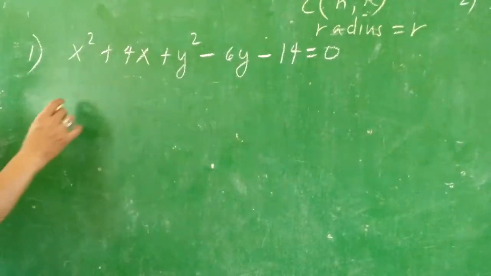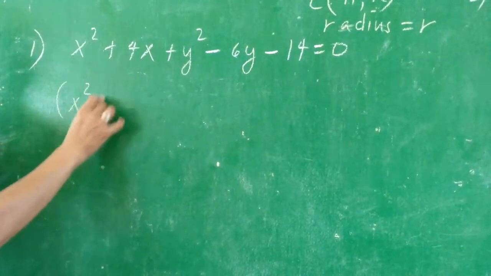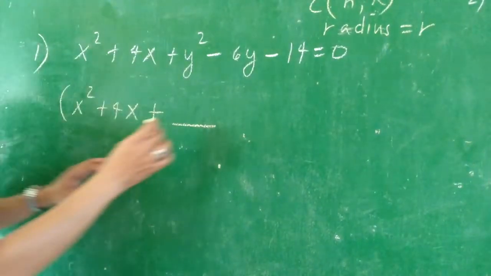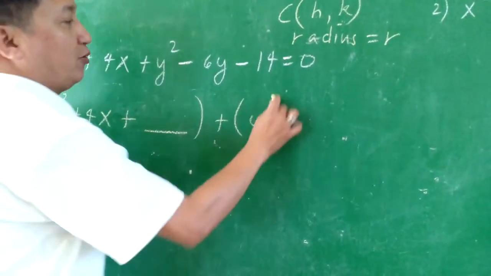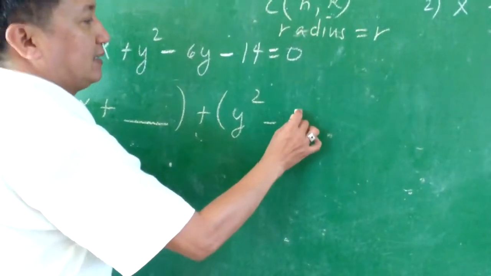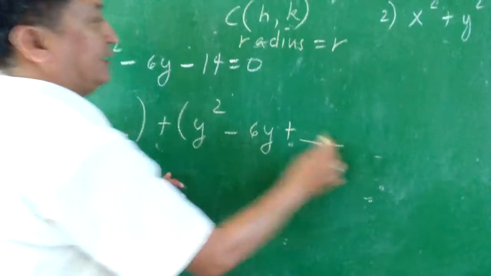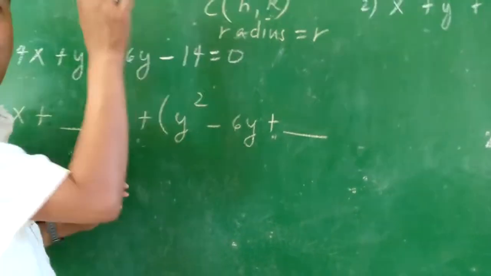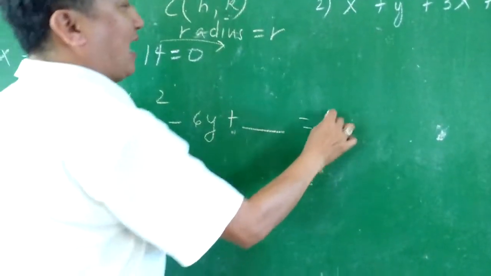So therefore, we will have the quantity of x squared plus 4x plus, we are going to complete the square later, plus the quantity of y squared minus 6y plus what? And then the negative 14, I will write it on the right side. Addition property of equality. We will have equals 14.